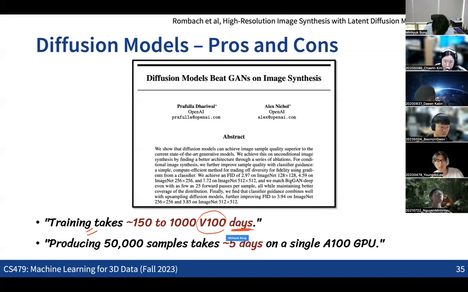It actually takes years if you are only using a single GPU, so you need lots of GPUs. And even for the generation, to generate 50,000 samples, it takes 5 days using A100 GPUs. So the computation is way slower compared to some previous generative models.